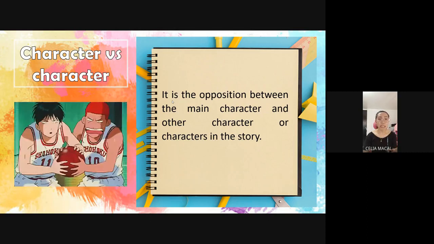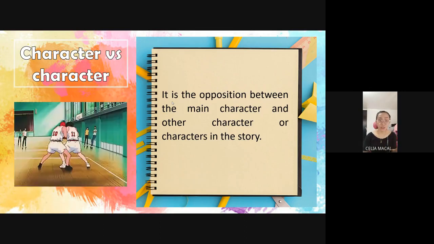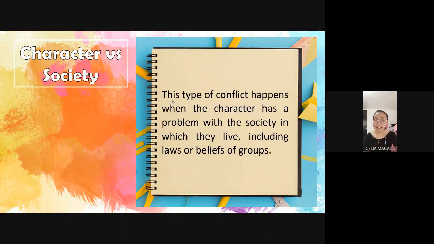So Sakuragi and Rukawa are competing for the same position on the basketball team. So we have here two opposing characters. That is why it is called character versus character. So Sakuragi versus Rukawa.